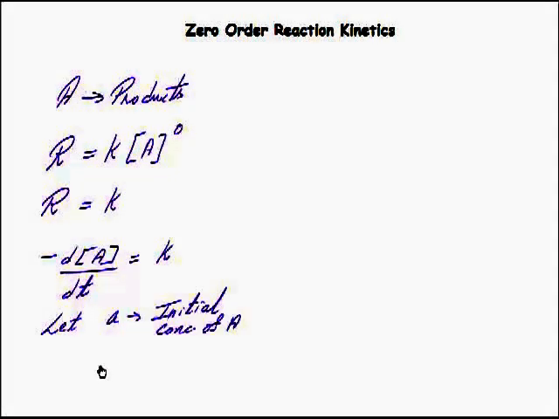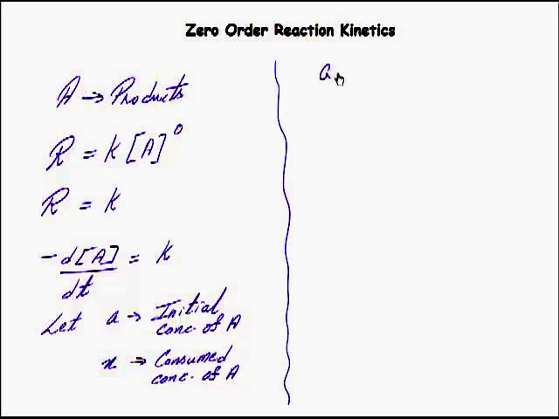Now rate of a reaction can be written as minus dA by dt, as we have seen earlier, and that is equal to K. Now if we take the initial concentration of A as small a and X as the consumed concentration, that is the concentration which has been consumed up till a given time, then a minus x would represent the concentration at any given instant of time.